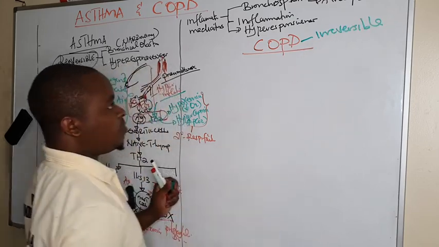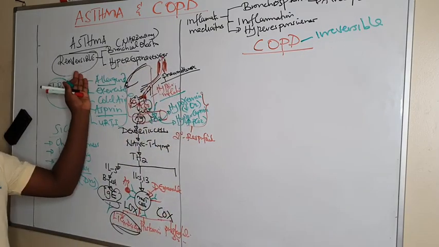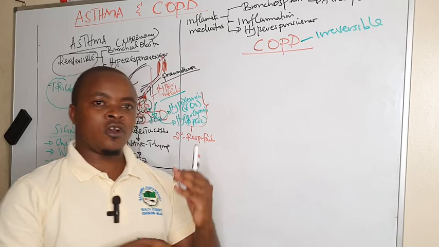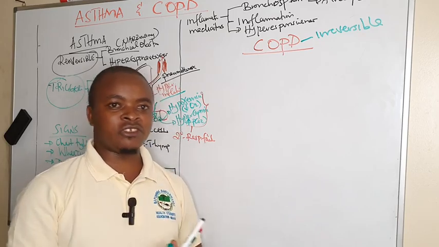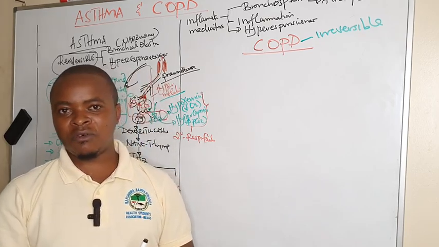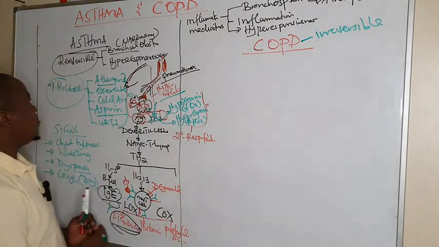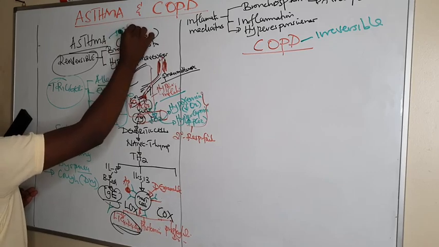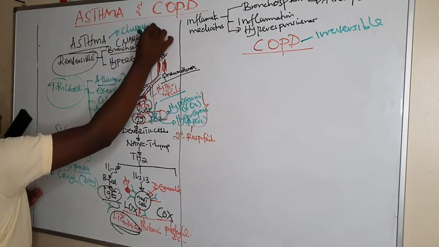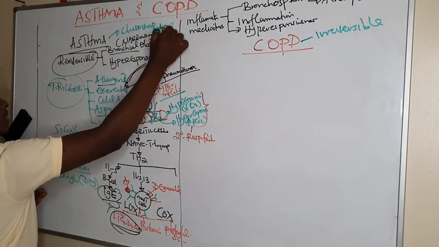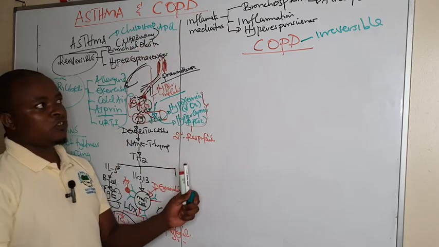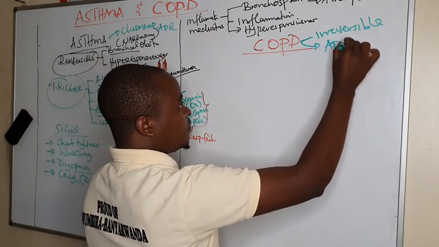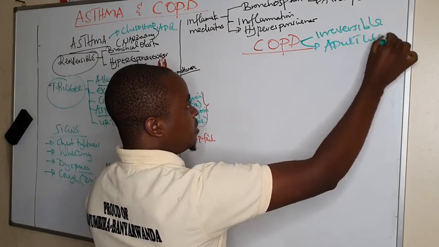It is different from asthma because asthma can be reversed, but this one is a progressive chronic destruction of the bronchial walls and alveolar walls. In asthma, the onset is majorly in childhood and adolescence, whereas COPD is seen commonly in adult life or later life.